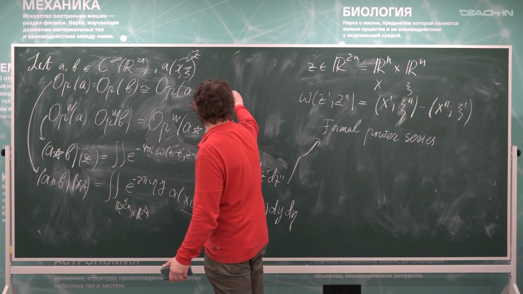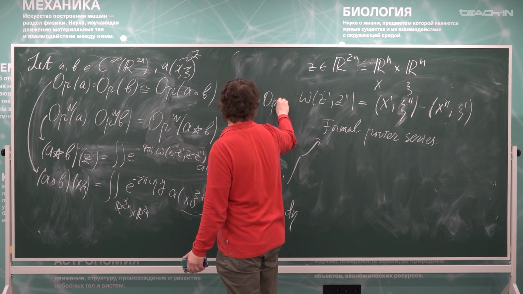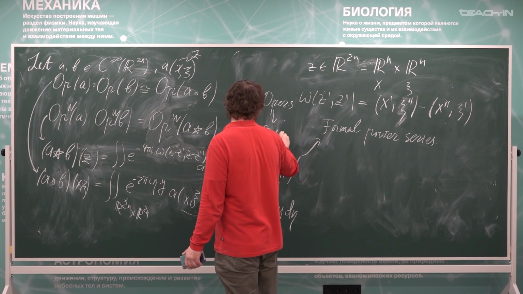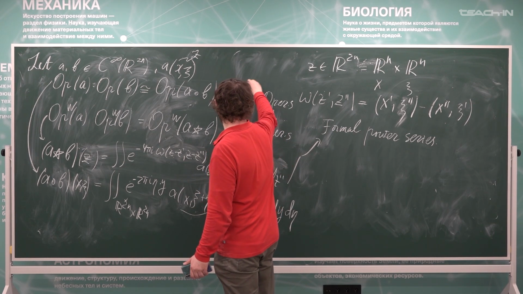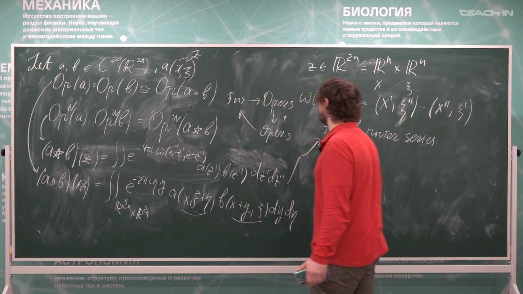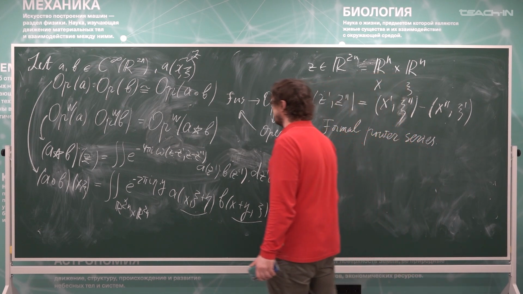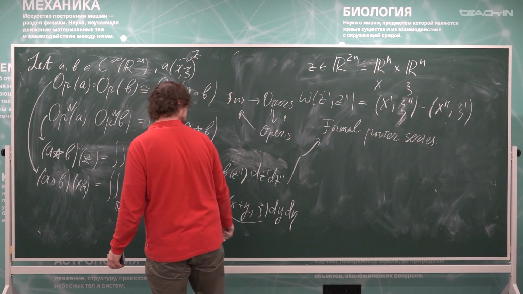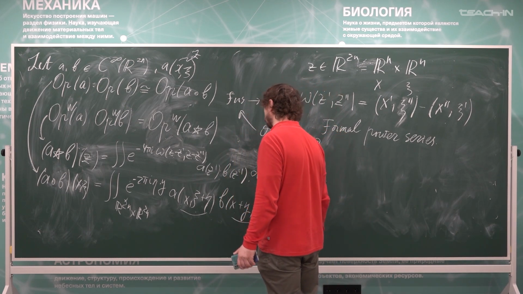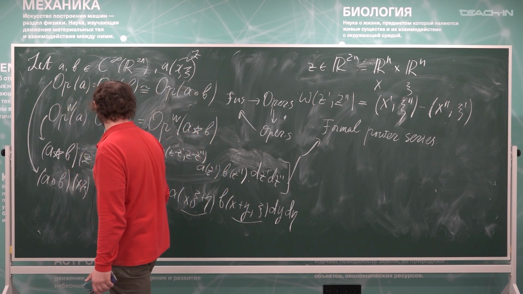So we have functions, we obtain operators, we go to other operators, and then we return to functions. If we take the product of operators, it gives us some formula in functions. So this formula gives you the composition of operators expressed in terms of certain algebraic constructions in the world of functions.